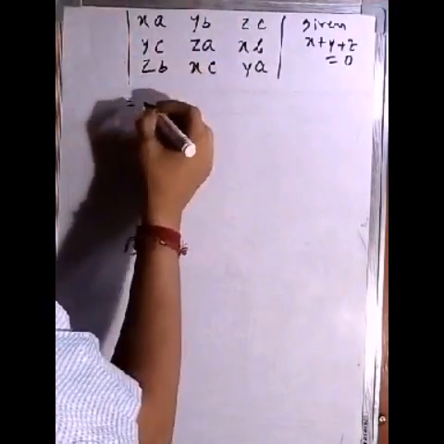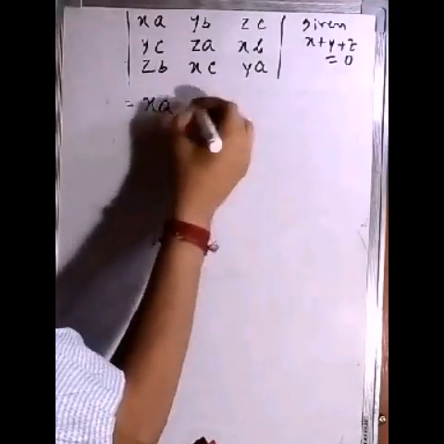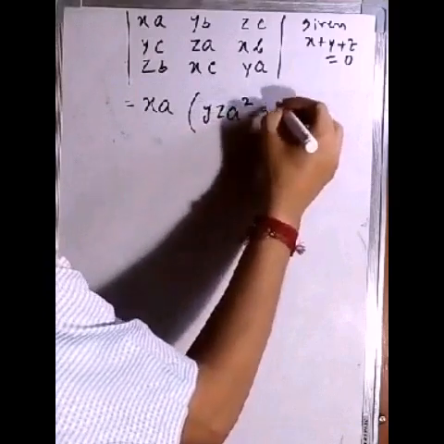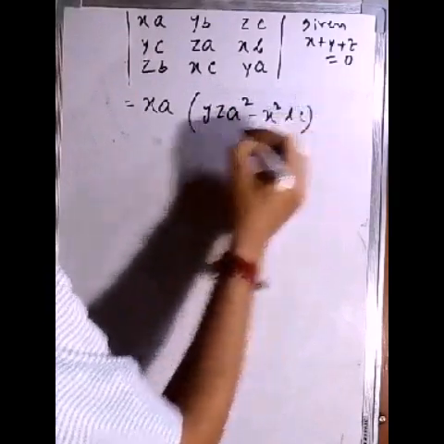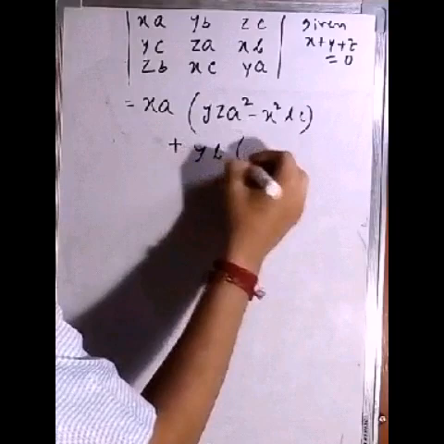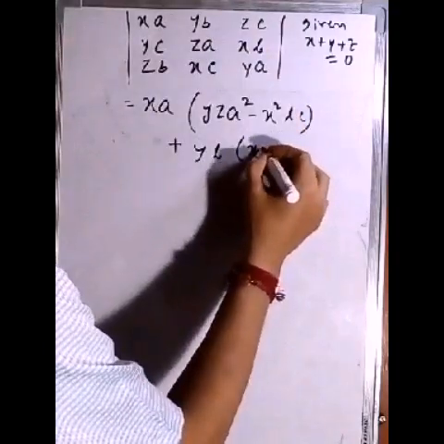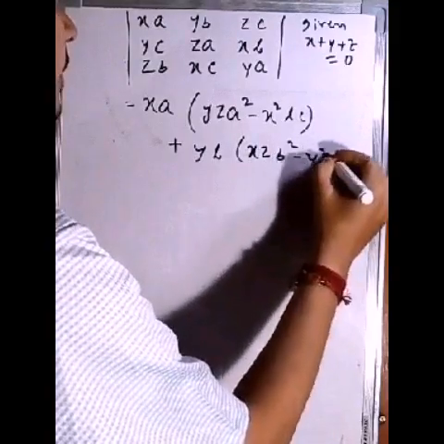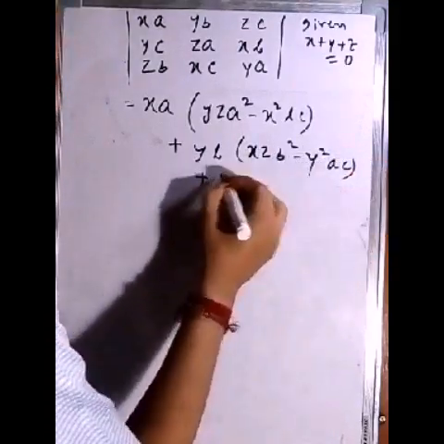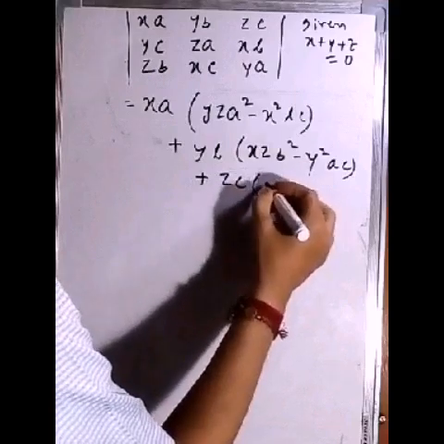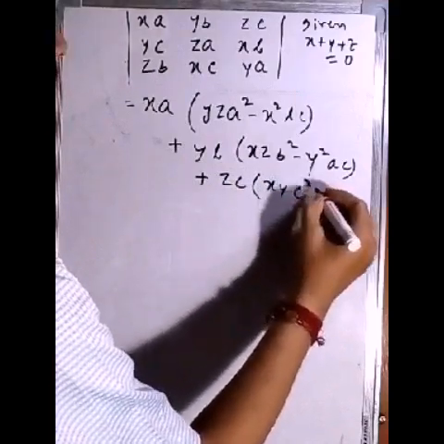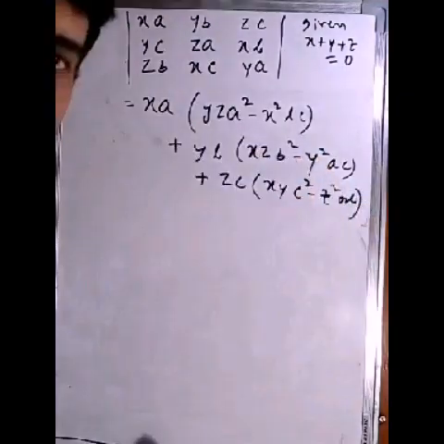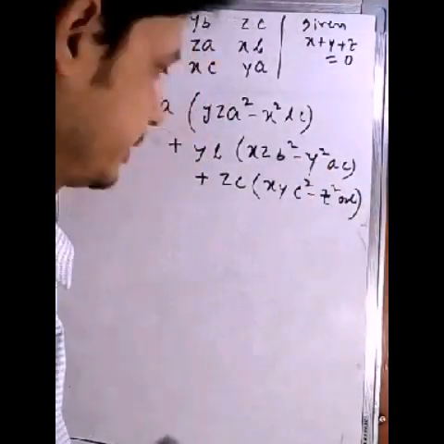So expanding, we have XA first bracket YZ A square minus X square BC plus YB into XZB square minus Y square AC, then plus ZC into XYC square minus Z square AB. So this we get by expanding the determinant.